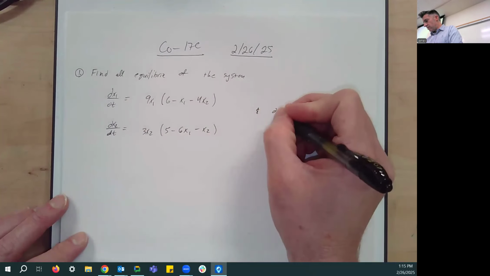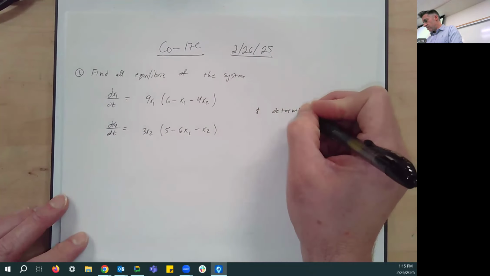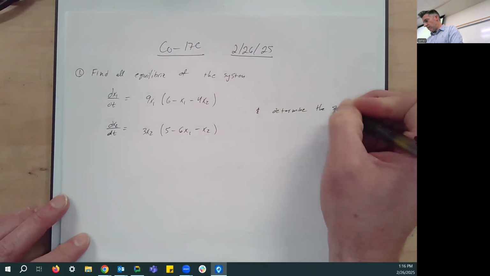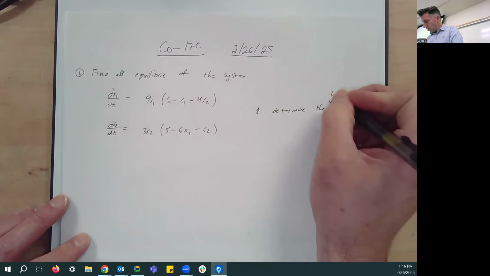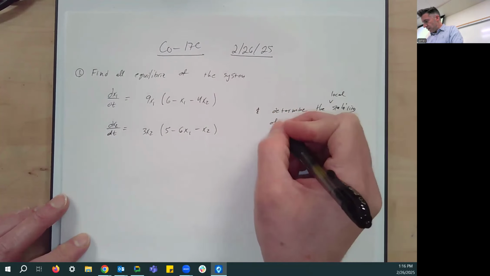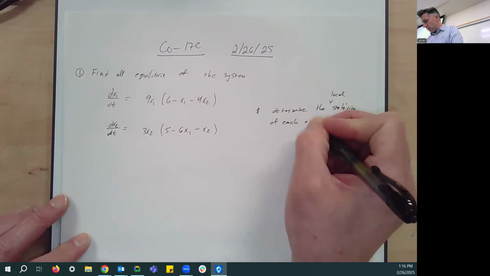And determine the stability of each equilibrium. I really should say the local stability of each equilibrium.